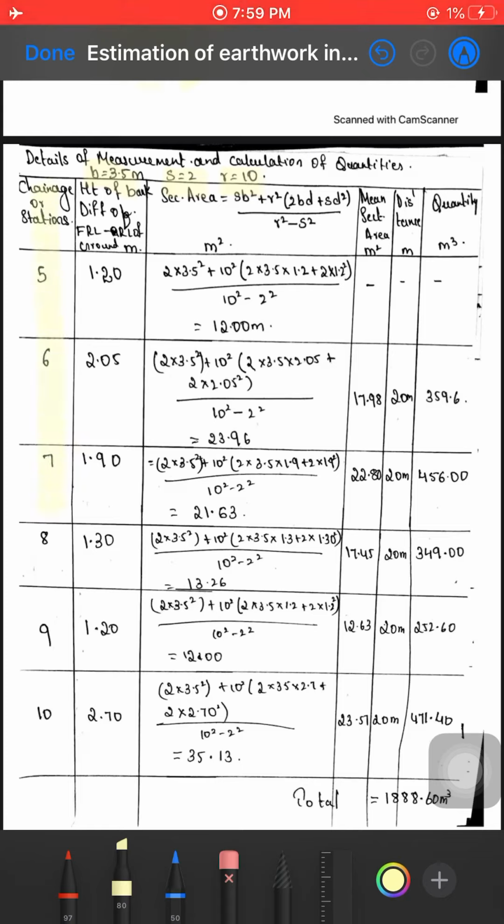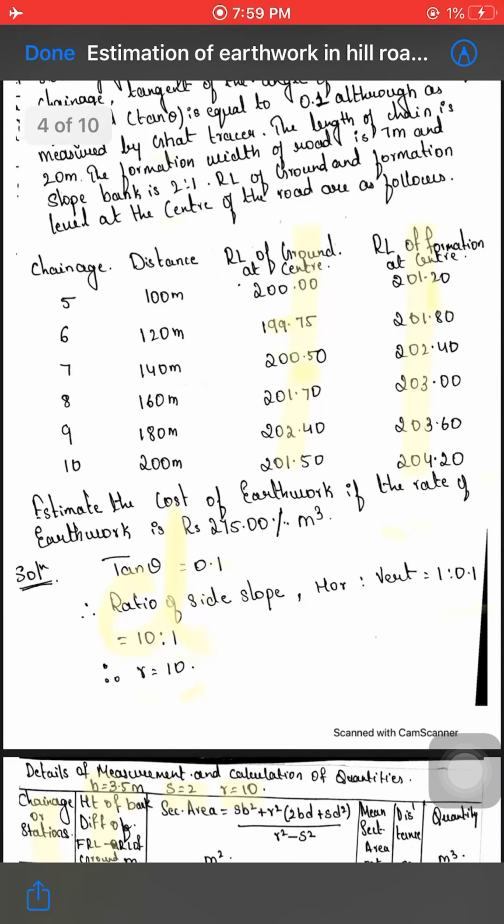The chainages are given, that is 5, 6, 7, 8, 9, 10. Then height of bank, since it is in banking, we need to take this column as height of bank. It will be RL of ground minus RL of formation, which you will get by this difference.